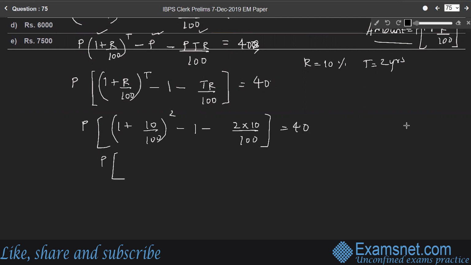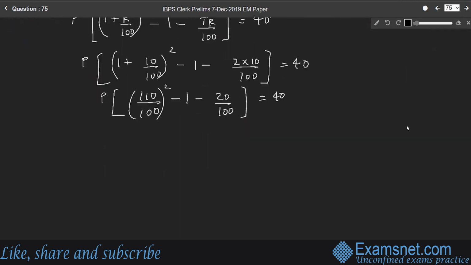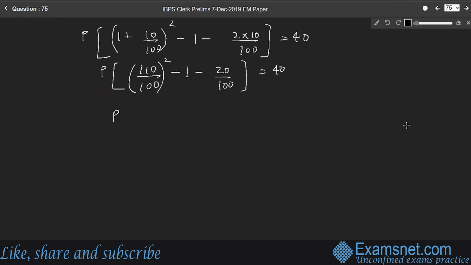So P into 110 by 100 whole square minus 1 minus 20 by 100 is equal to 40.